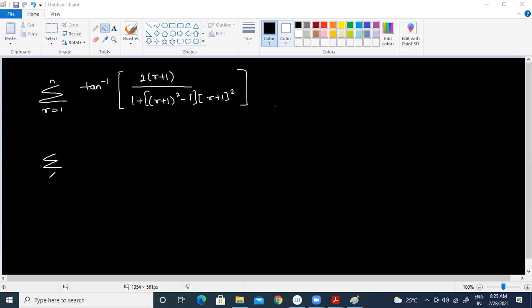Now you all tell me, a simple question I would want to ask you. You have learned this formula, tan inverse of x minus y upon 1 plus xy. Have you?